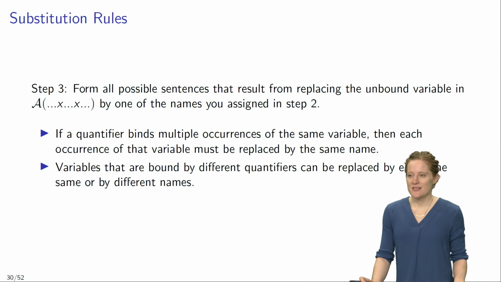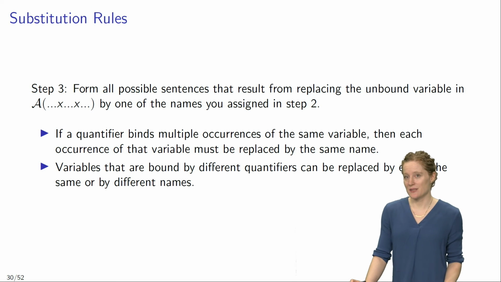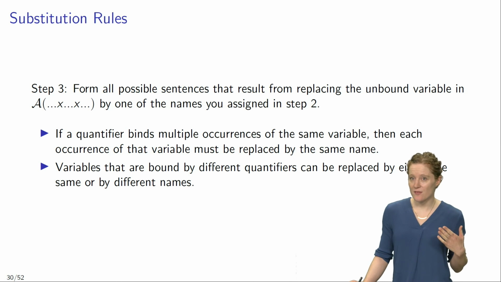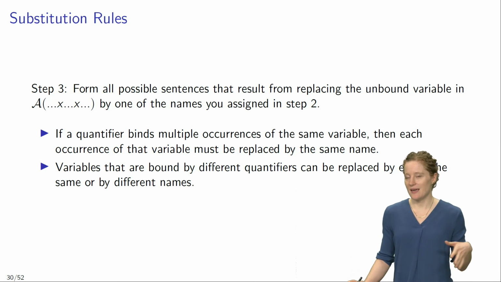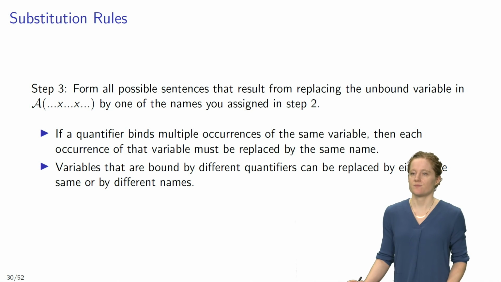Now, when it comes to assessing sentences that use multiple quantifiers, you need to heed certain substitution rules that play a role in step 3. So step 3 says the following: form all possible sentences that result from replacing the unbound variable in the open formula Ax by one of the names you assigned in step 2.